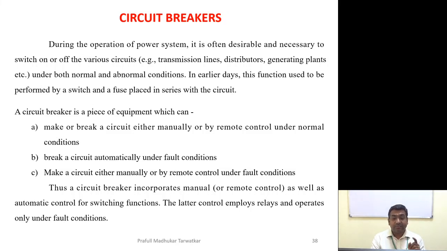Make a circuit either manually or by remote control under fault conditions. This is again important. The same function it has to perform after the removal of the fault. Thus a circuit breaker incorporates both automatic as well as manual control for switching functions.